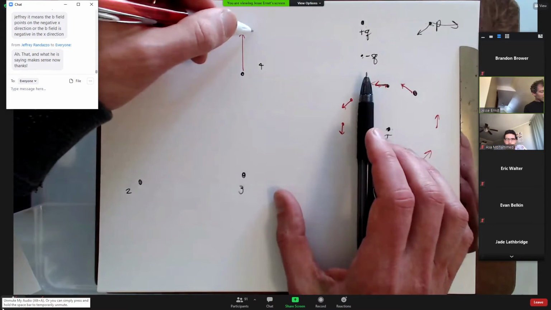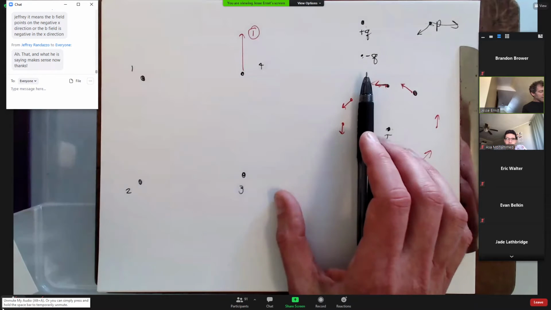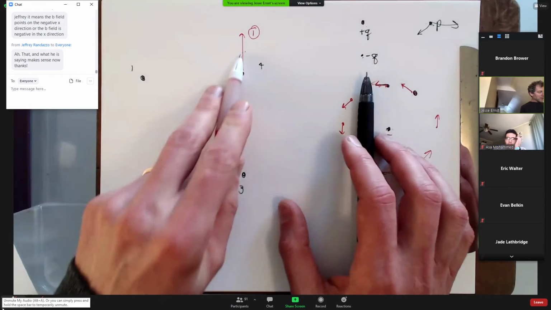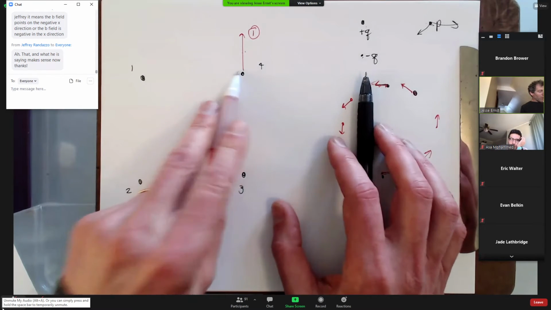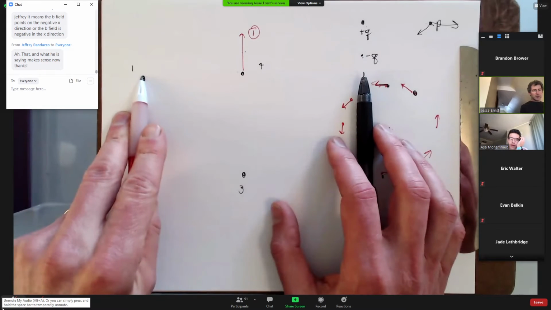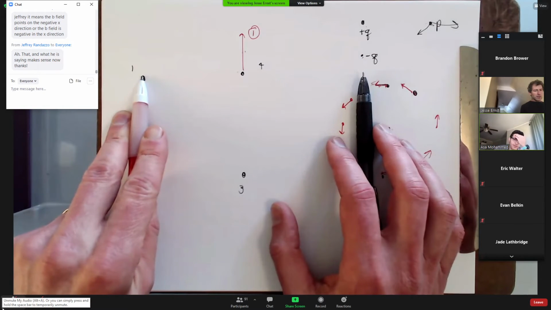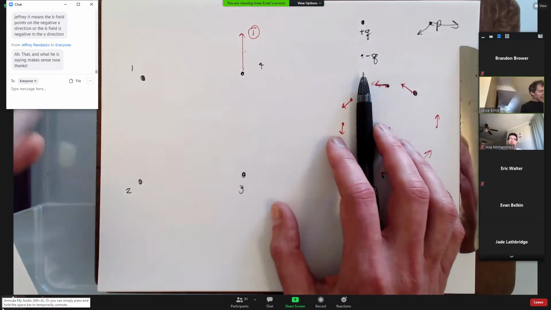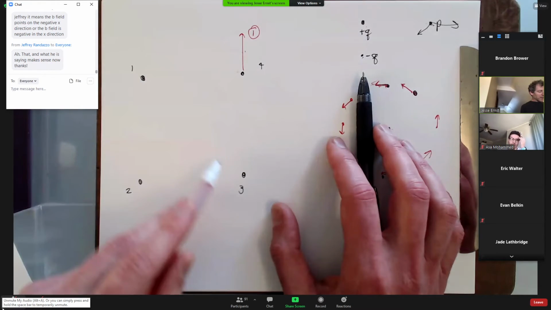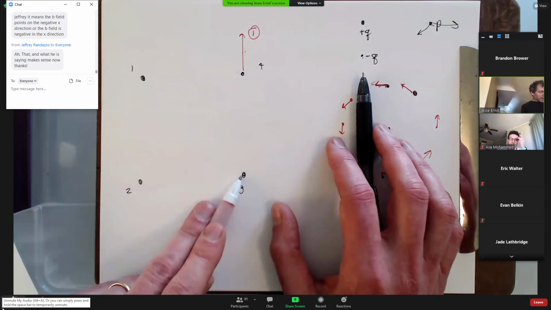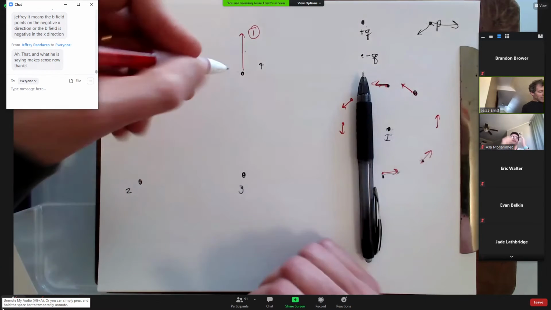So let's just label that 1. The red means this is the B field here that's caused by wire 1. Is that okay? Is this what you're asking or no? Thinking of this backward this whole time. Okay, now it makes sense. Right. And so for anybody else, let me just finish this. So the B field here from this wire is going to be this way.